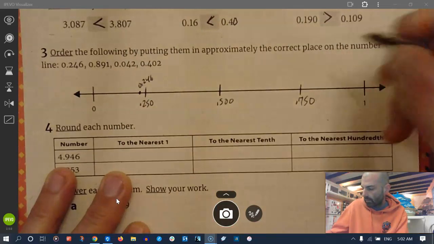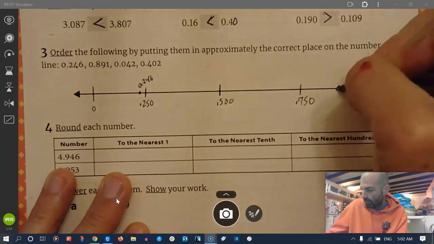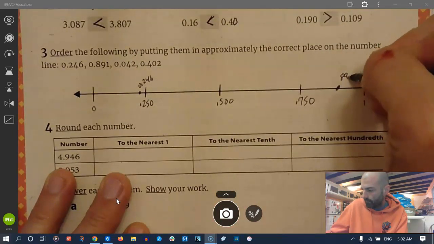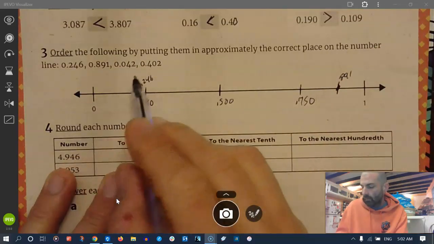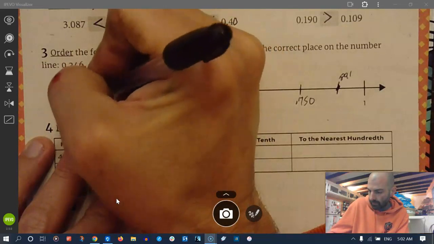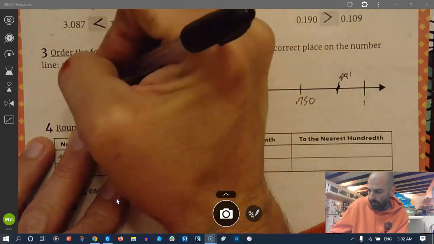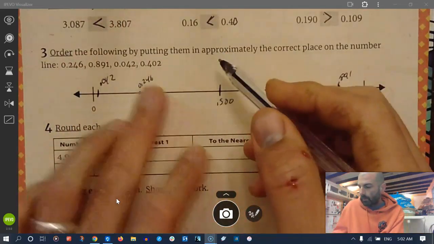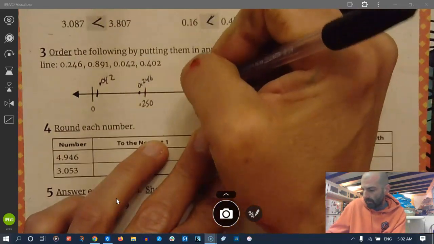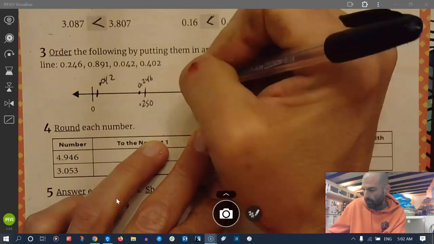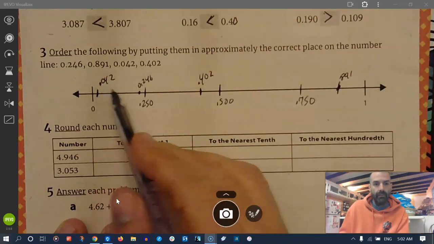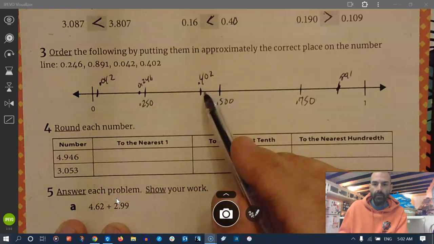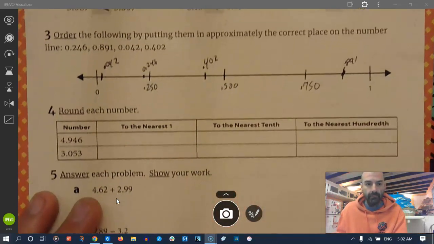We have 891 thousandths, going to go over in this way. Ooh, 42 thousandths. That's teeny tiny. And then 402 thousandths is going to be on the left side of 500. So again, we have 42 thousandths, 246 thousandths, 402 thousandths, and 891 thousandths.